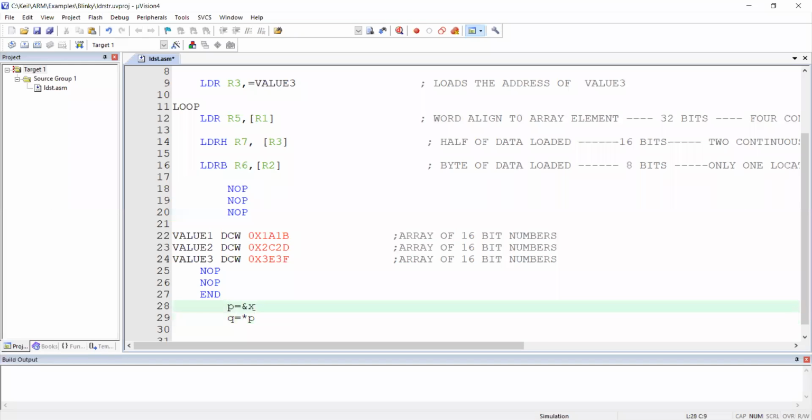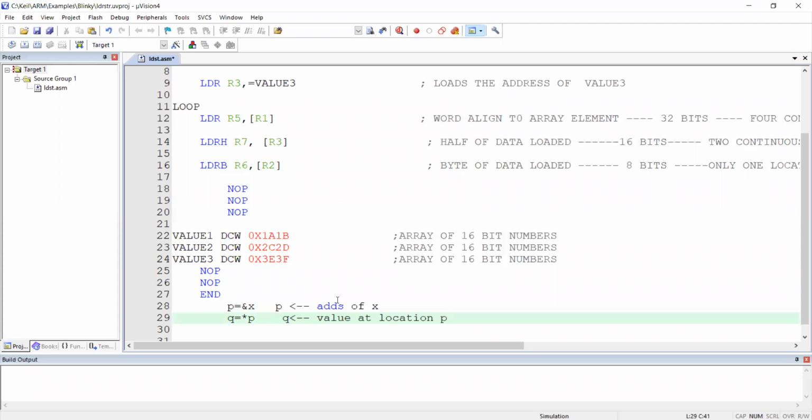P is equal to ampersand of X, so P will be holding the address of X. So what will Q hold? Star means value at location P. I think you have studied pointers in your C programming, even in data structures.